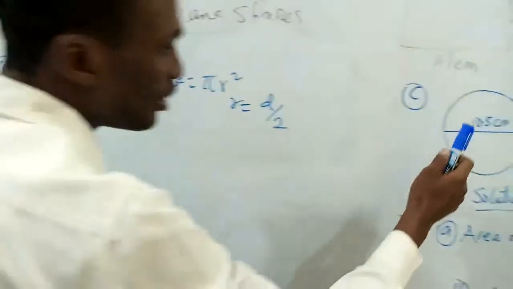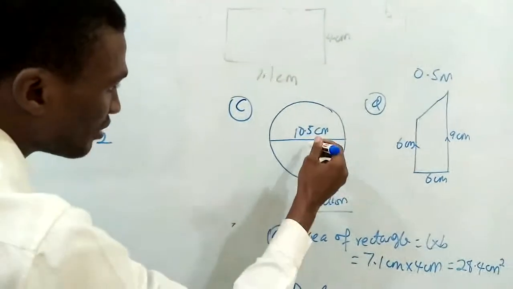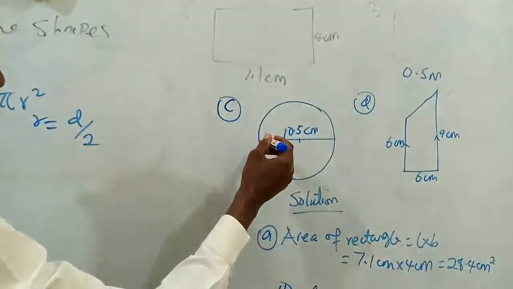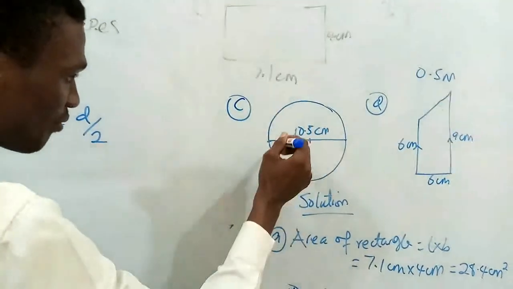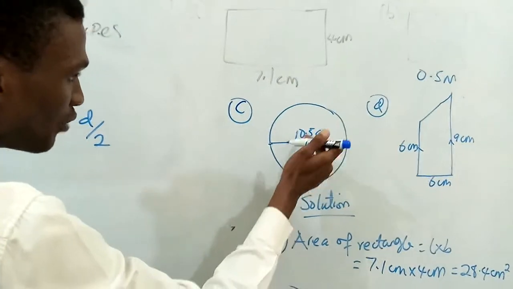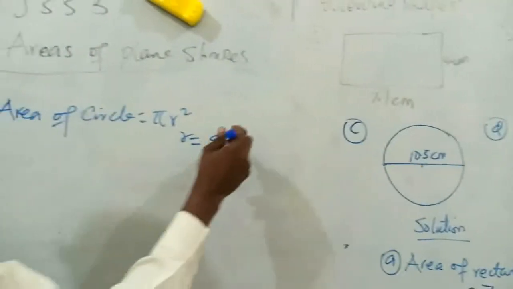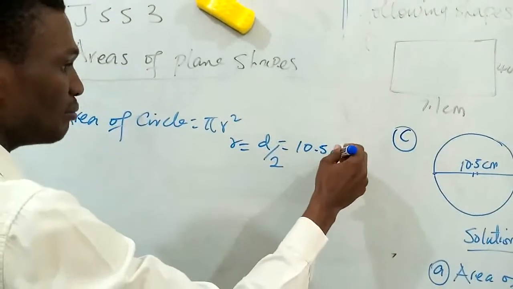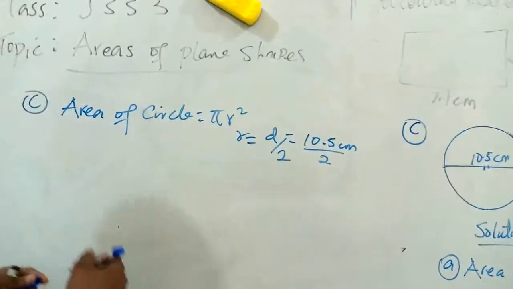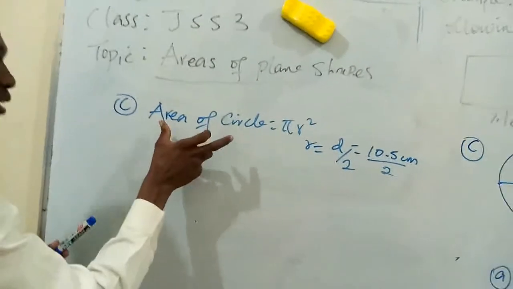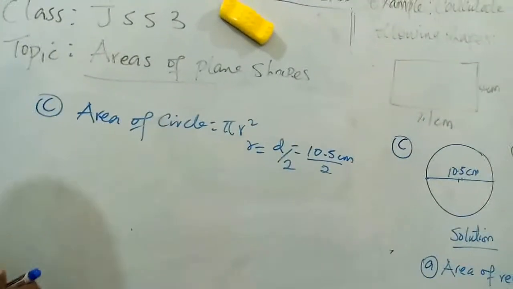The radius is the straight line from the center of the circle to a part of the circumference. Since from here to here is 10.5, from here to here half of it gives us 10.5 all over 2. So our radius is 10.5 cm all over 2. So we apply our formula for the area of the circle, pi r squared.